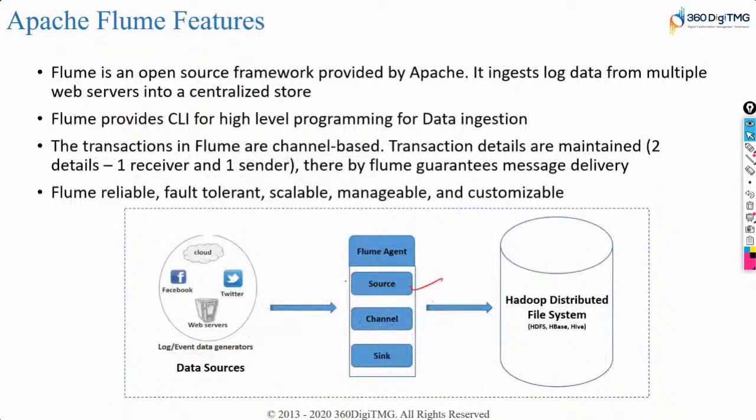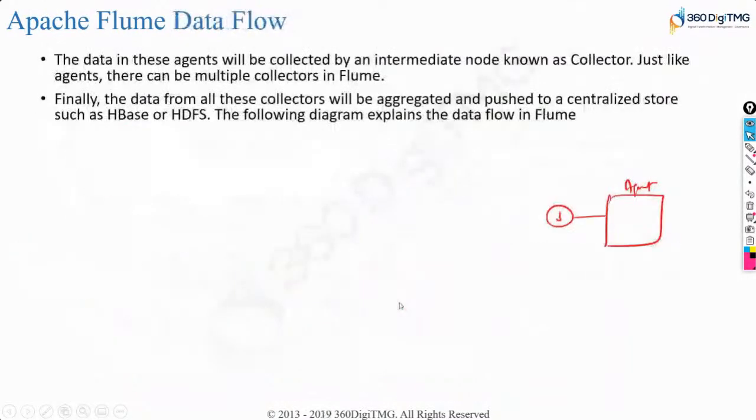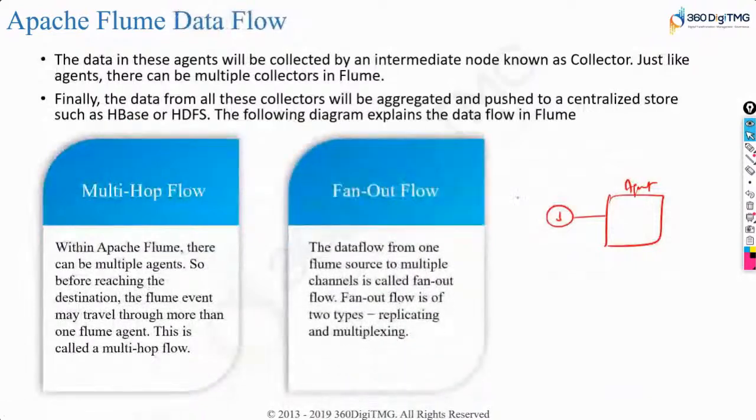The data is coming to the source, and from the source it might go to multiple channels. That's called fan out. The data flow from one source may go to multiple channels. And then we also have something called replicating and multiplexing. These are subtypes in the fan out option.